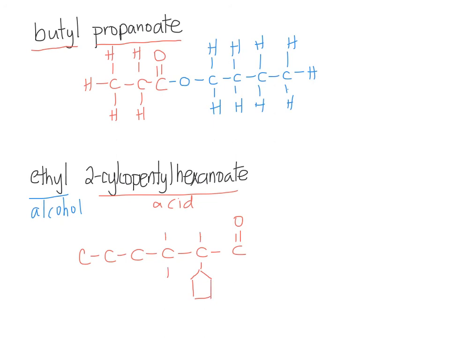And we go back in, stick in our H's, and here's our hexanoate portion with a cyclopentyl group. That leaves the single bonded O with the ethyl group.